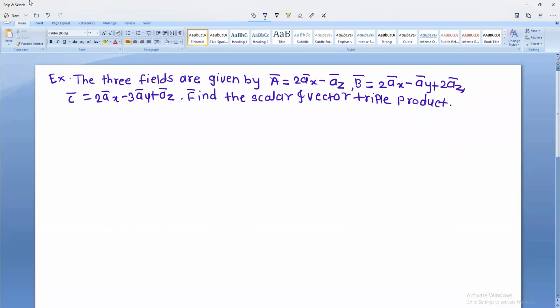Okay, solution. Okay, so three vectors are given. Now we have to find scalar and vector triple product. So first find the scalar product.